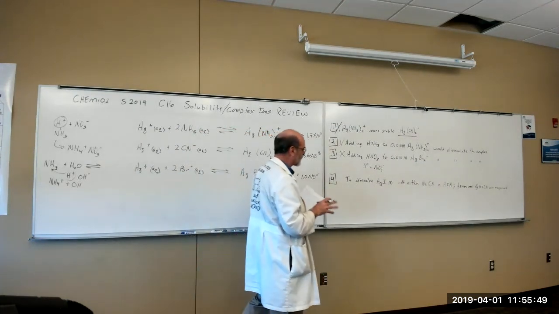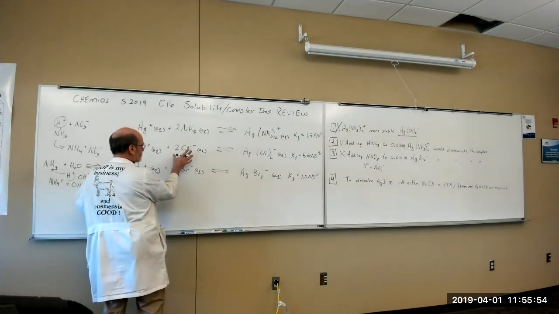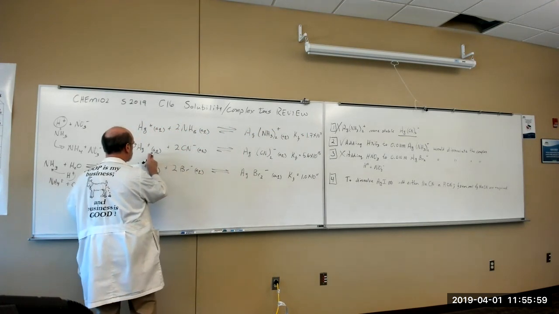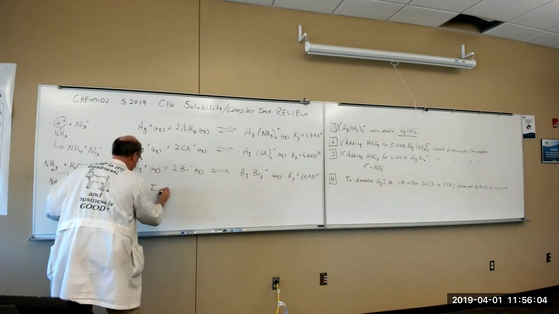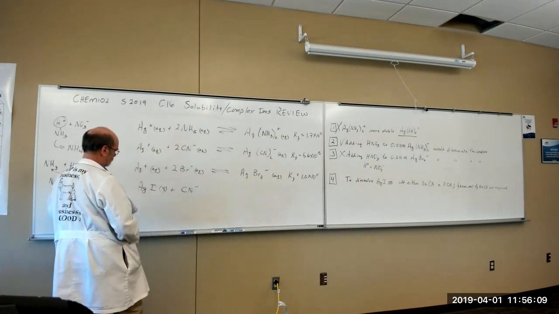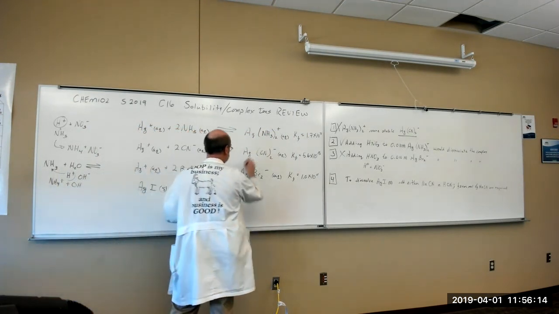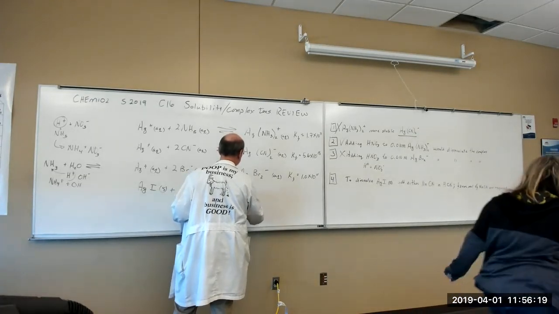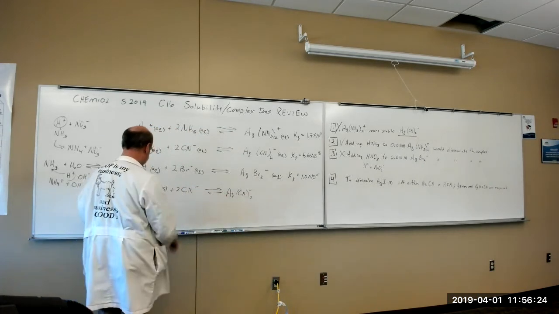So if we add cyanide, doesn't matter where it comes from, then we will dissolve more of this, and that will produce this one, except we need two of these.